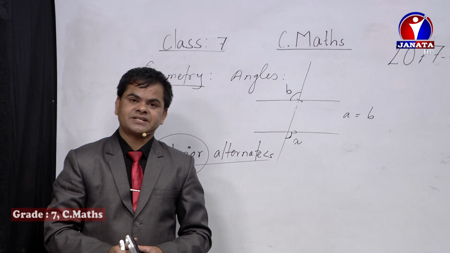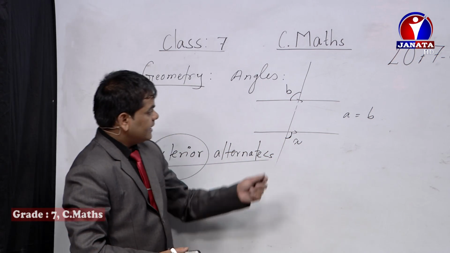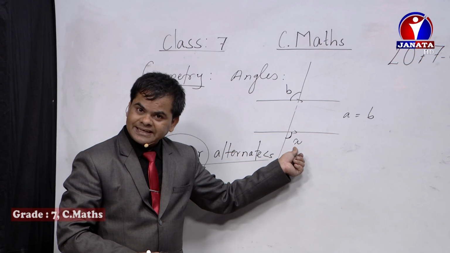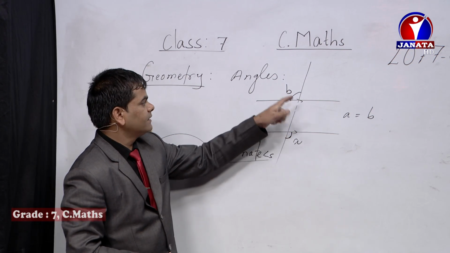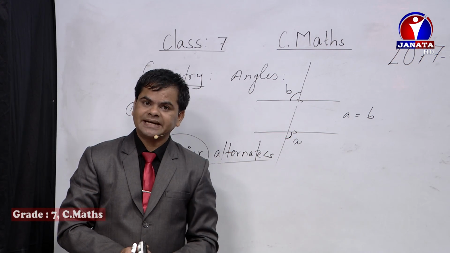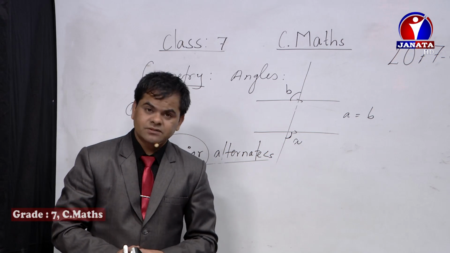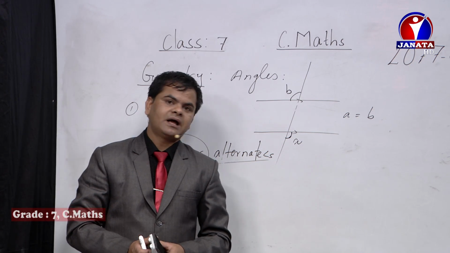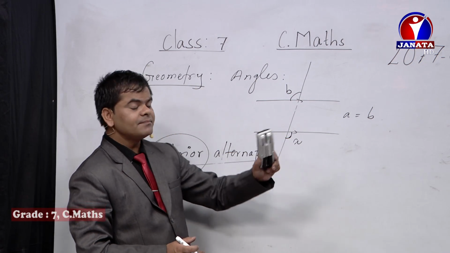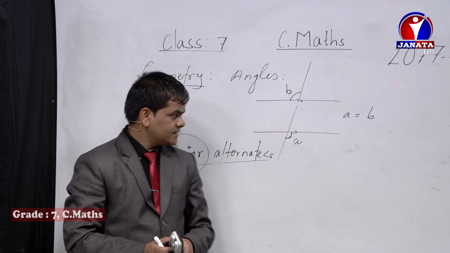That's the characteristic. That means if the measure of angle A is 50 degrees, then B also becomes 50 degrees when we measure the angles using the protractor. At the time, both angles' values become the same.